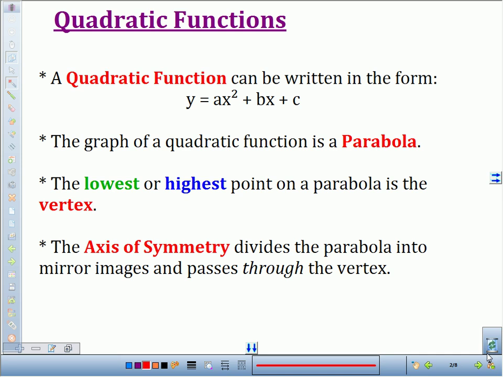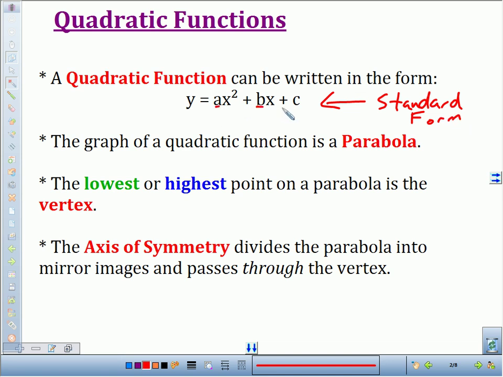First, a quadratic function can be written in the form y equals ax squared plus bx plus c. This is what's called standard form. Anytime we have this ax squared plus bx plus c, that's in standard form.